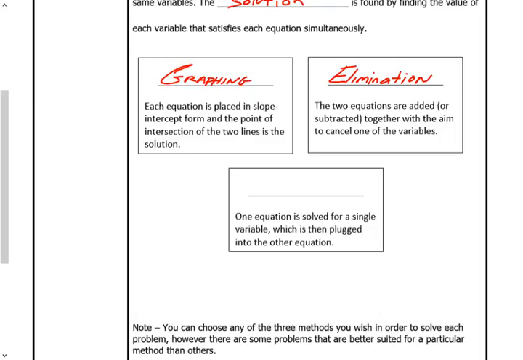Substitution is almost the worst method, but it can be used to solve. And what substitution says is you solve for one of the variables and then plug the entire equation into the other one. It's probably the most complicated. I would stick with graphing or elimination. You'll use substitution as part of elimination anyway.